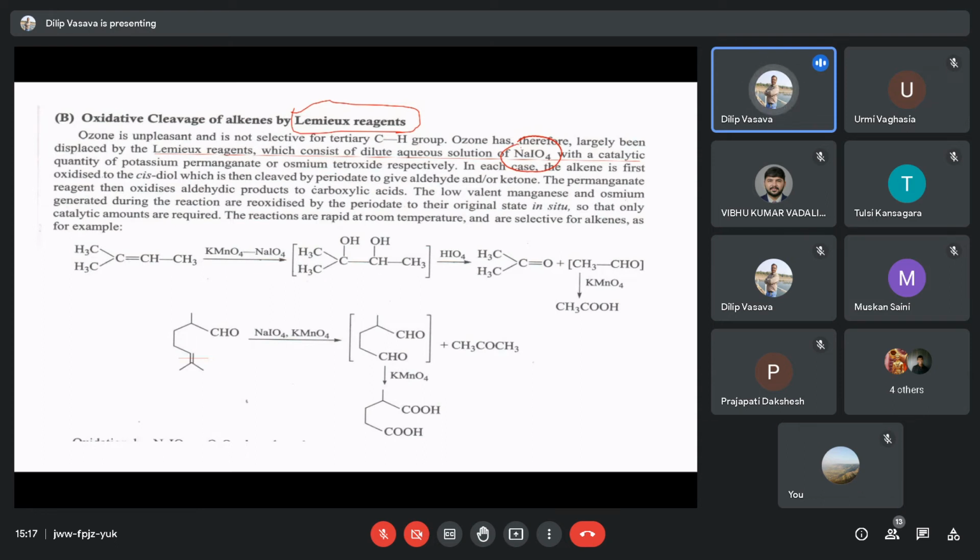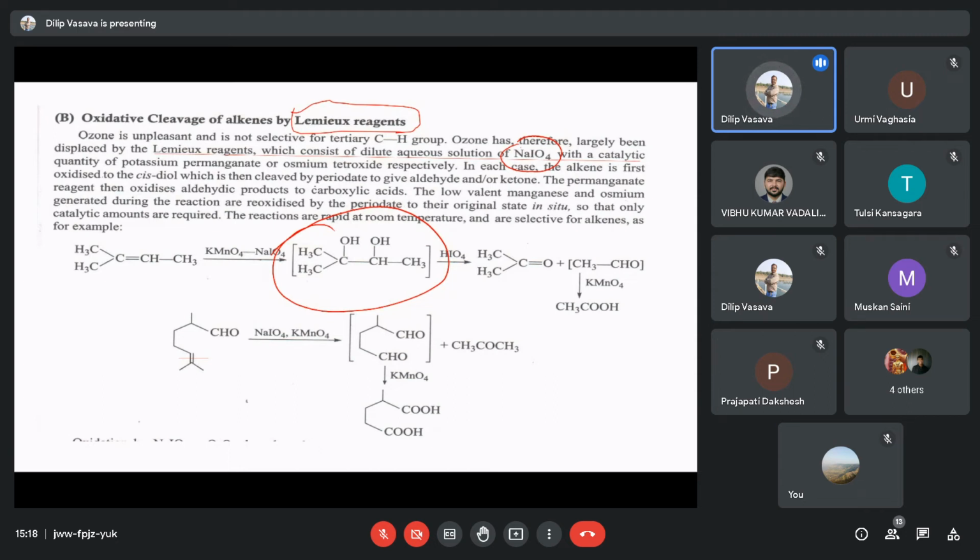This oxidizing agent is also utilized for the formation of the diol, but not directly. It also gets converted into the ketone and aldehyde. So a controlled reaction is taking place.